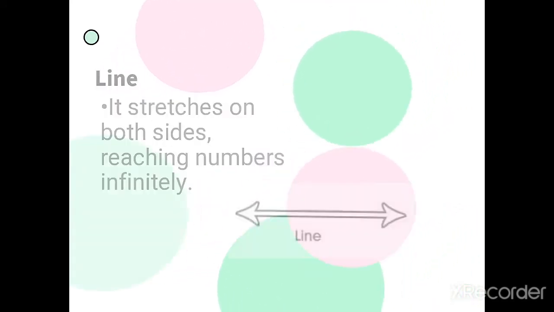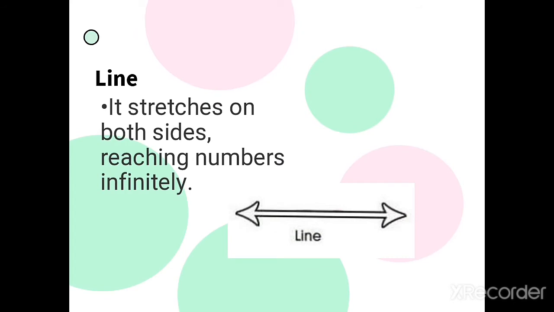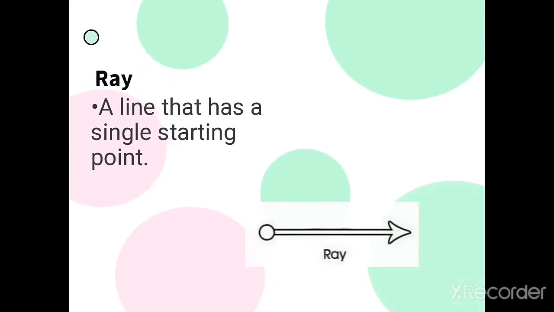Let's start off with something simple, which is a line. A line stretches on both sides, reaching infinitely. So actually, an arrow at both ends indicates that the line is infinite in both directions. Next, we have a ray, a line that has a starting point. The clear difference from a line is that one side does not have an arrow.